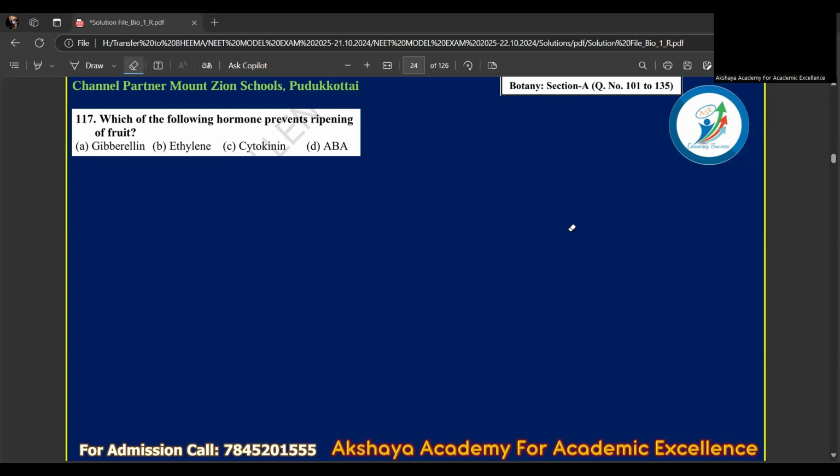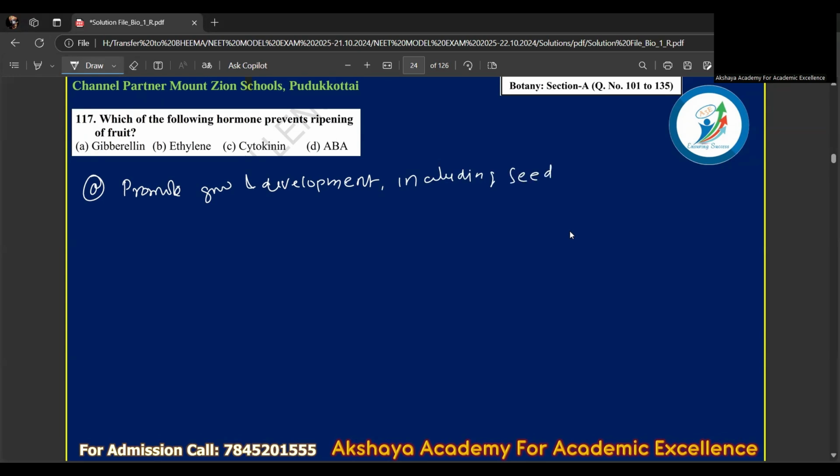So let's see the functions of each of the hormones. Gibberellins are involved in promoting growth and development, including seed germination.